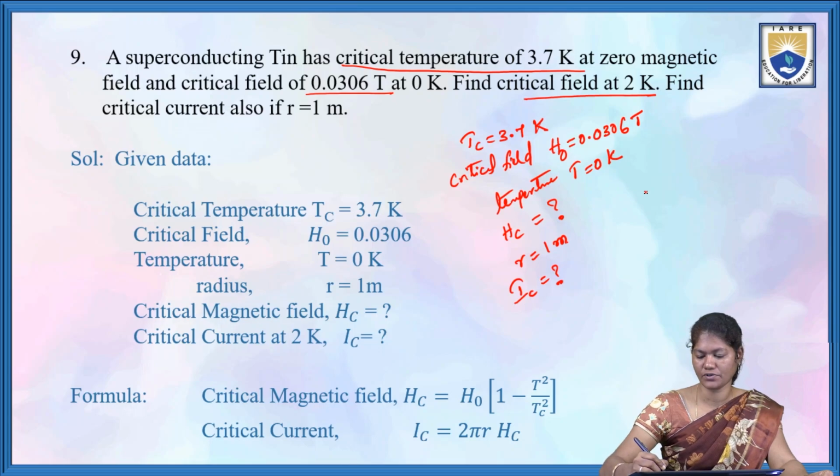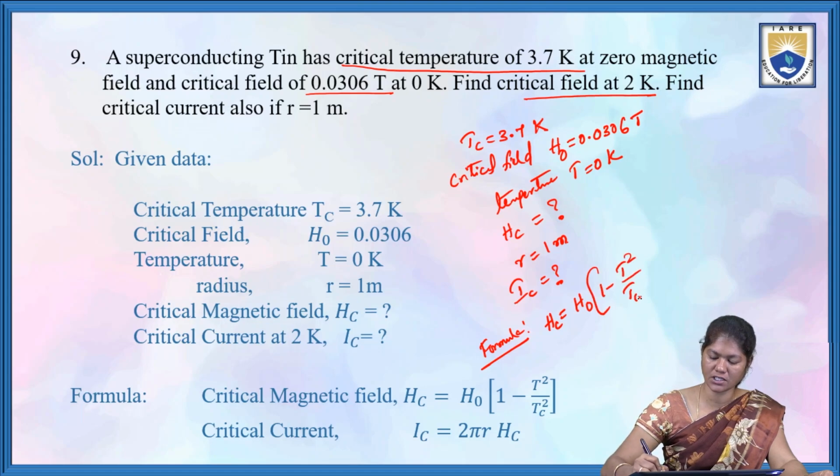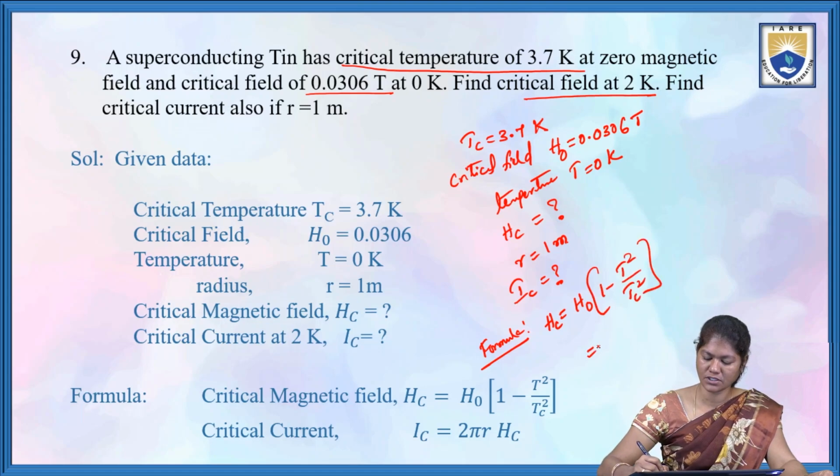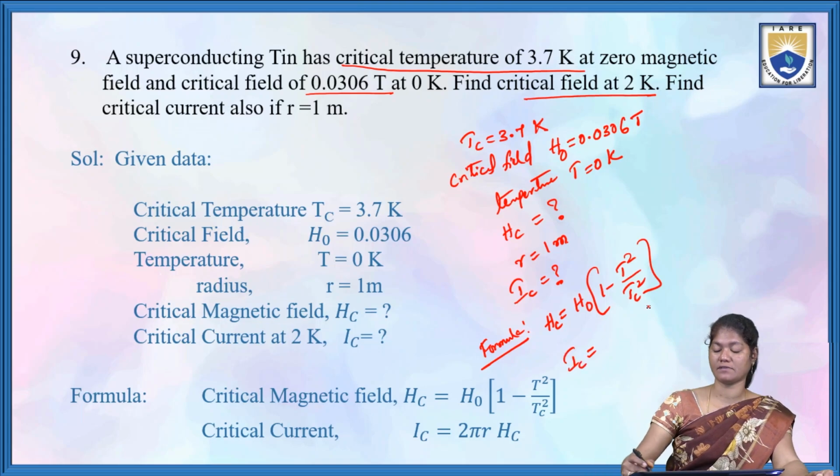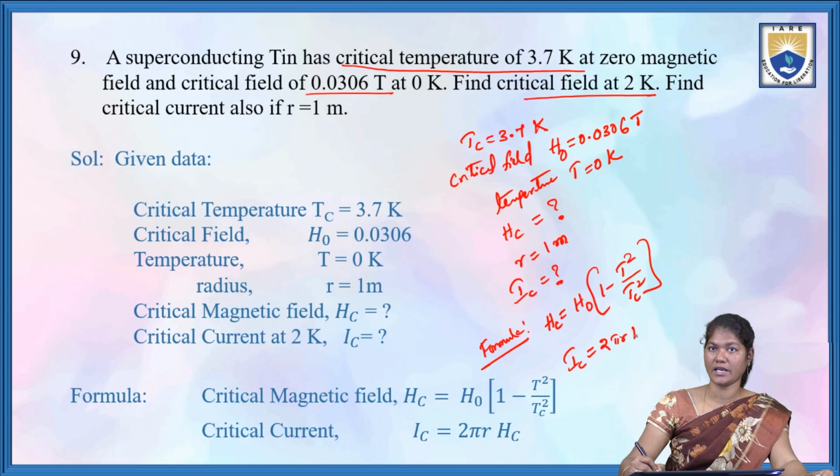For this we use the formulas: critical magnetic field Hc is equal to H naught into 1 minus T square by Tc square, and critical current IC is equal to 2 pi R Hc. These are the formulas we are going to use.